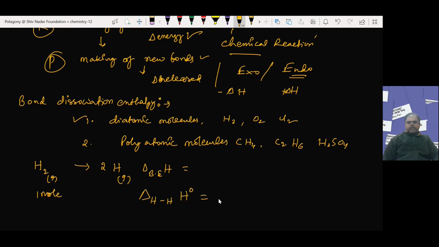The enthalpy change is 435 kilojoules per mole, which is equivalent to the enthalpy of atomization. Since the enthalpy of atomization of hydrogen and the bond dissociation enthalpy are equal, both are the same. So the enthalpy of atomization of hydrogen is 435 kilojoules per mole.